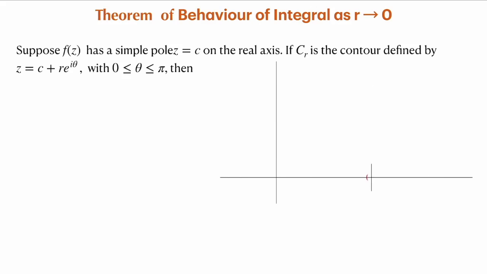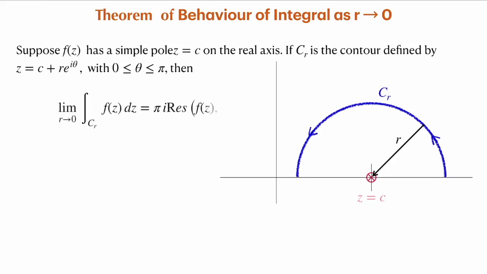We have a point z = c on the real axis as a simple pole, and then we consider C_r, a circular arc centered at z = c with small radius r. Then we take the limit r going to 0 and evaluate the contour integral of the function along C_r, and then show that the limit as r goes to 0 of the integral along the contour C_r of f(z) dz is equal to π i times the residue of f(z) at z = c.